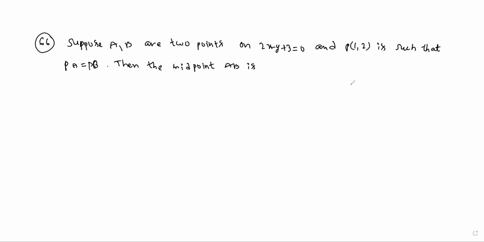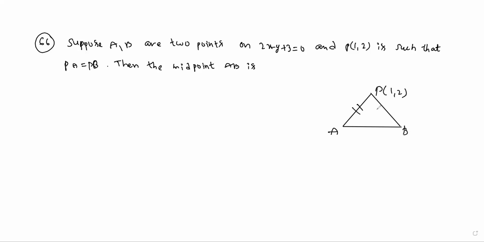Okay, in this, clearly, if you take a triangle, because AB is a line segment and P is some point, from P to A I'll join. Similarly, I'll join P to B also. Now this forms a triangle. This is point P, this is A point and this is B point.